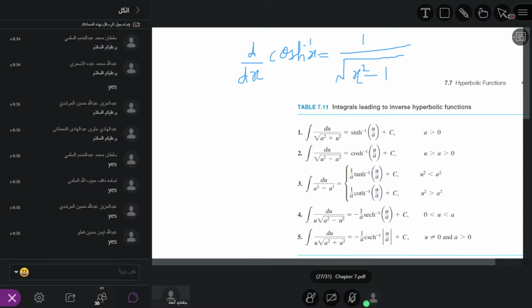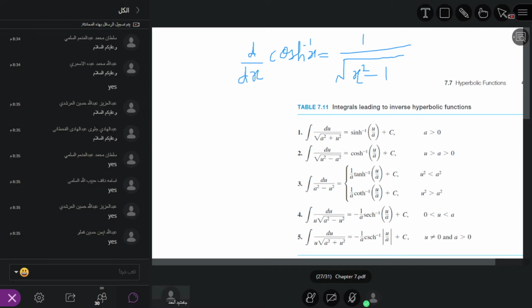So here in the second part, it is for the function in terms of u and a. The variable is u and the constant is any constant a. So the integral of du divided by square root of u square minus a square is equal to cosine hyperbolic inverse u over a plus constant.